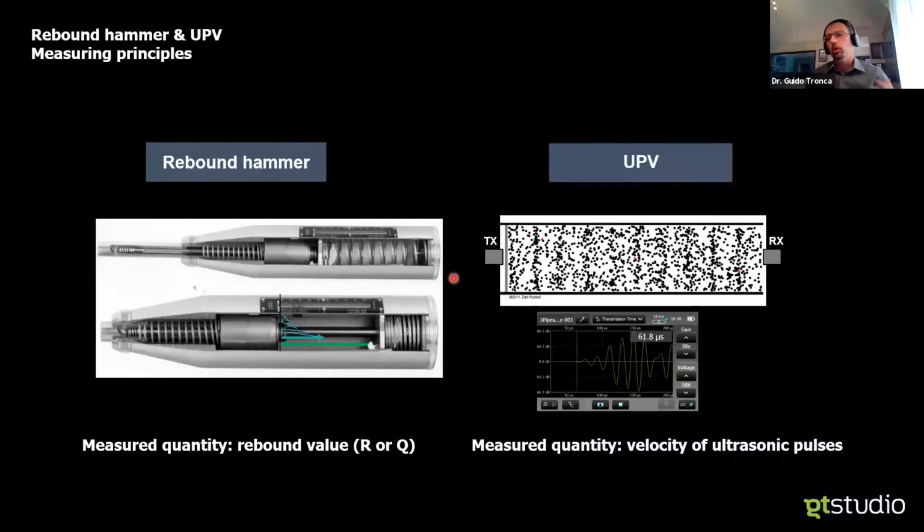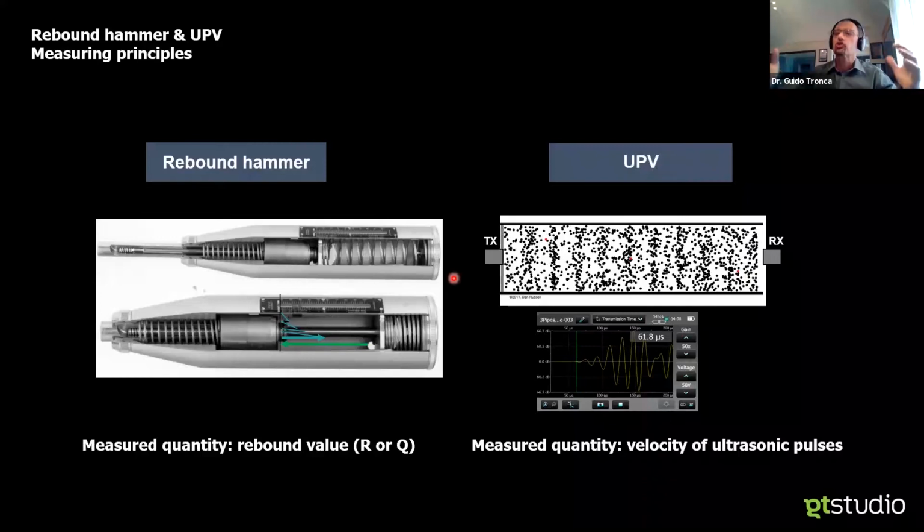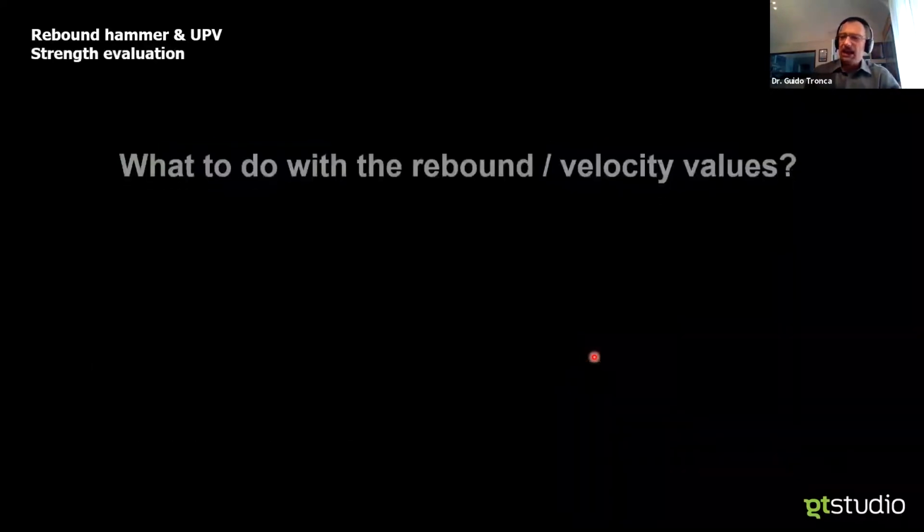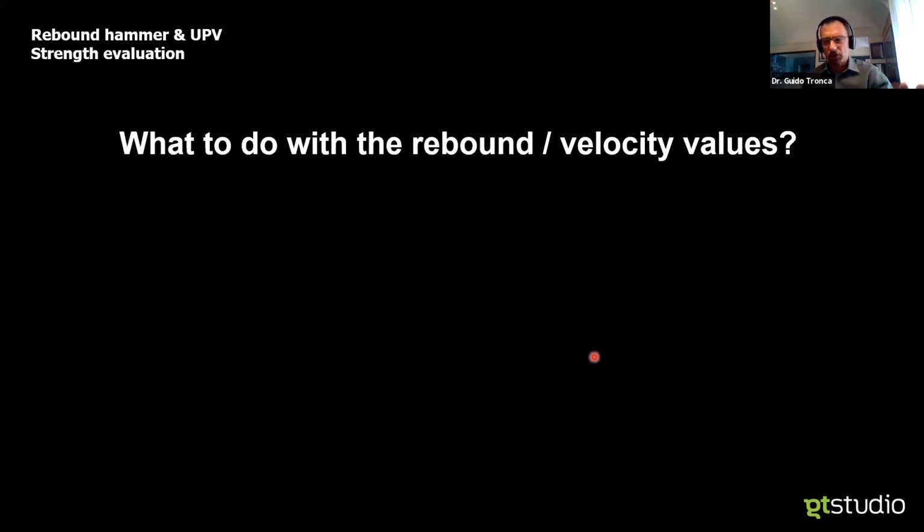UPV, ultrasonic pulse velocity: I put two transducers across the surface and I measure the transit time of that impulse, typically on an oscilloscope or in a digital interface as it's done today. Okay, so much for details, no time today for that, but the key point that normally affects all the users of the community: what do I do with this rebound value or velocity values?